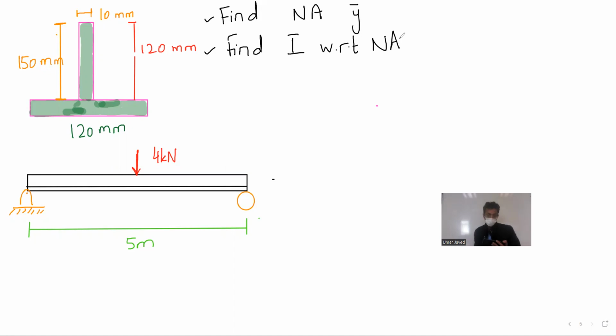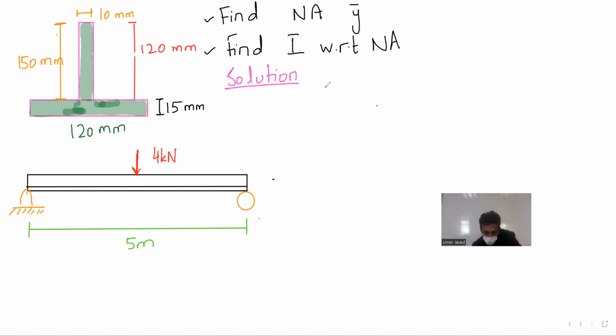Okay, this seems one tough problem, I suppose. The thickness is 15 millimeters. And then I have this fellow as 10 millimeter. Okay, do it. So how would you proceed? This is the first time we are doing such a problem.